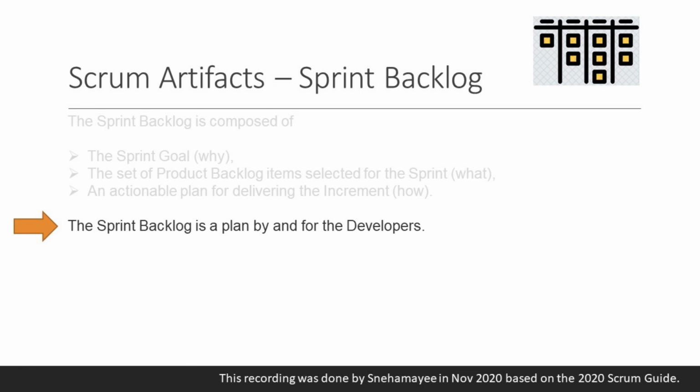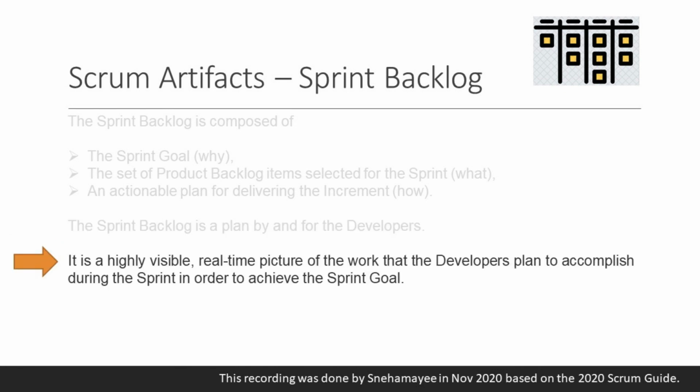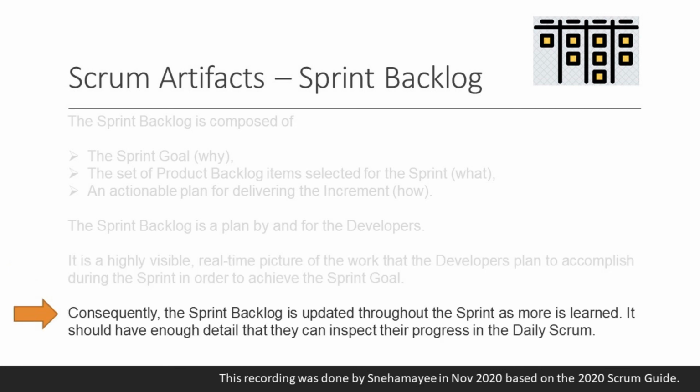The sprint backlog is a plan by and for the developers. It is a highly visible, real-time picture of the work that the developers plan to accomplish during the sprint in order to achieve the sprint goal.